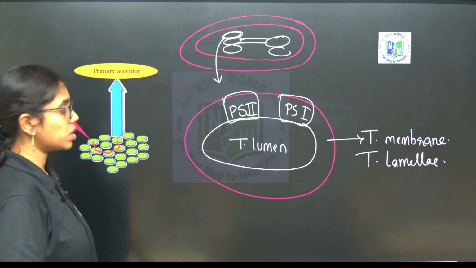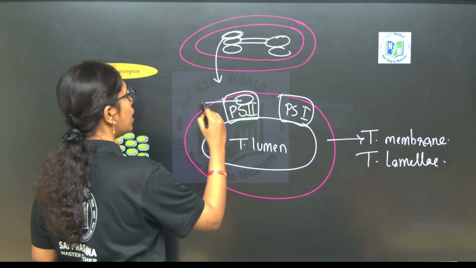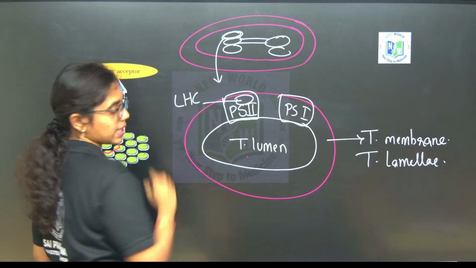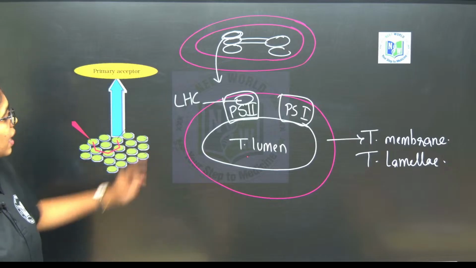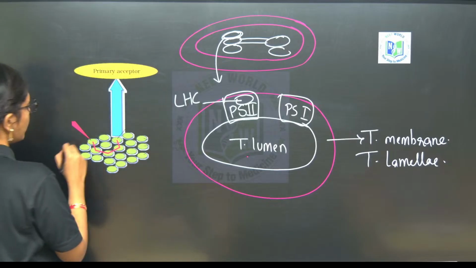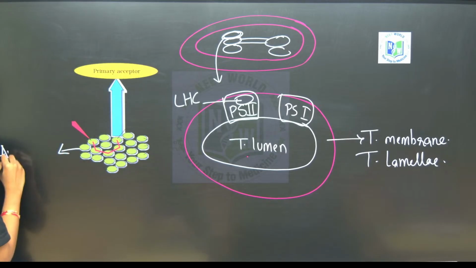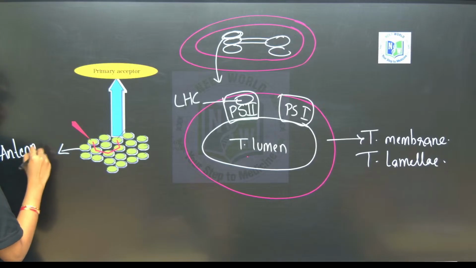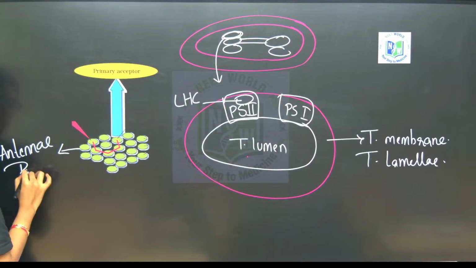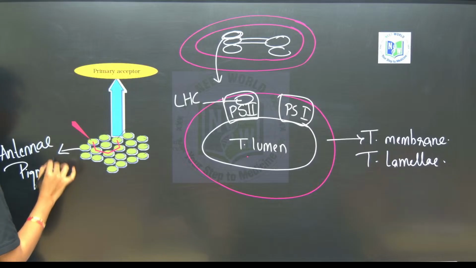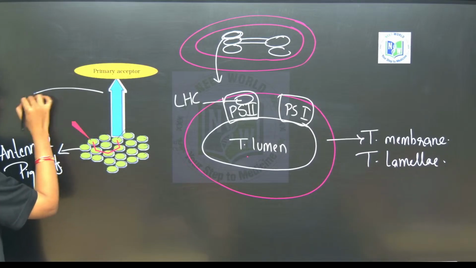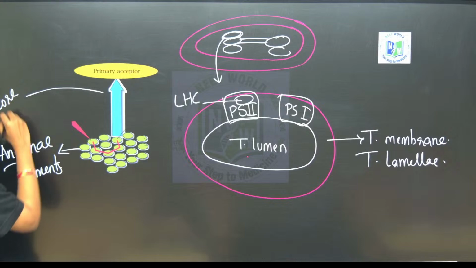Inside these photosystems, what are present? I told you, light harvesting complexes. Each light harvesting complex will have antenna pigments and core pigments.